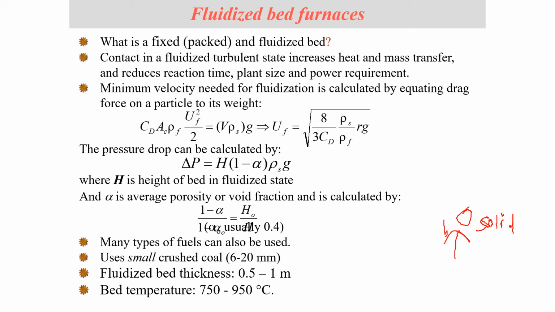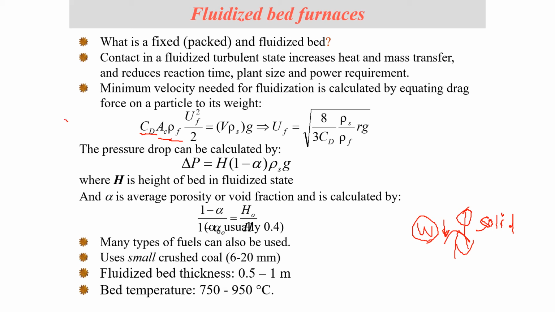Obviously, this coal will have its weight, so that will try to move towards the ground. So we need to supply a drag force from air, which is equal to the weight of this coal. That is dependent on the coefficient of drag, the area of the coal, and the density of air as well.